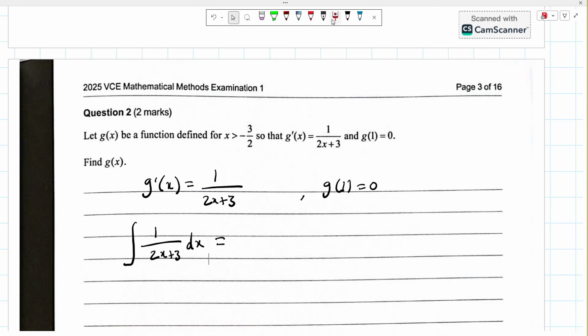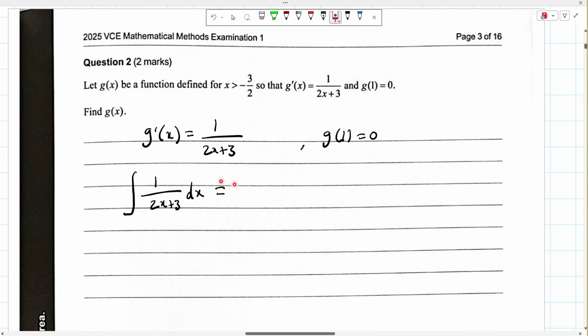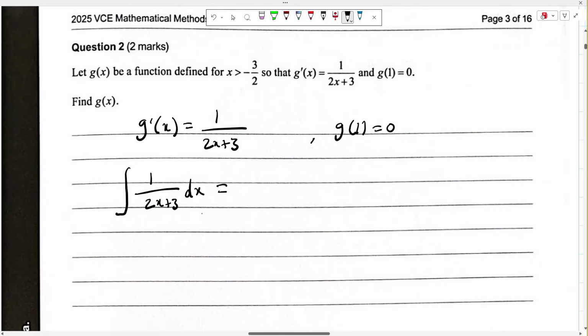Now, a lot of you might be a bit confused or weirded out by this type of antiderivative. You don't see it too often. But whenever you have an antiderivative like this, all you need to do is put 1 over this number in front of the x, and then log base e of this entire thing right here.